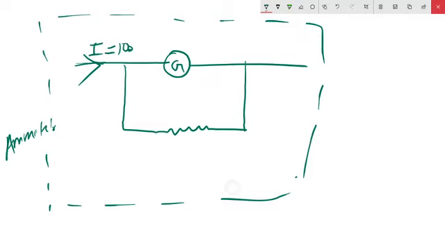Ig they have given you 3 amps, and the resistance Rg value they have given you 5 ohms, and this is the S, we have to find S only. Here the current flowing is the I value, Ig is flowing there, so here will be the current I minus Ig.